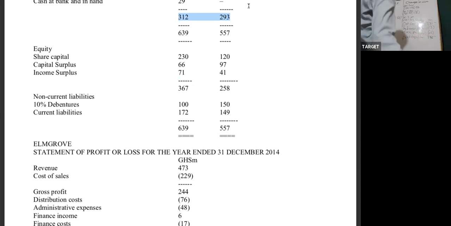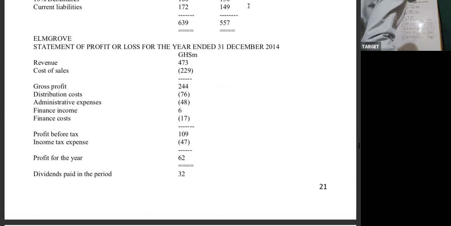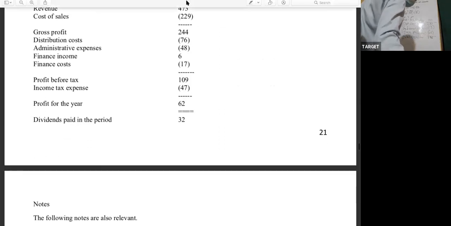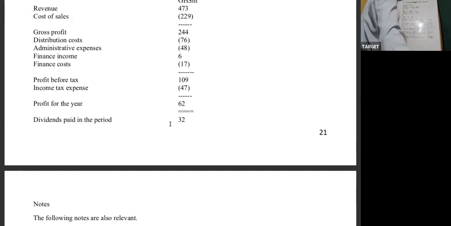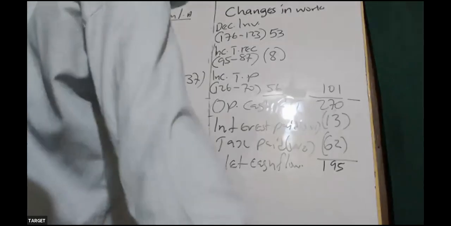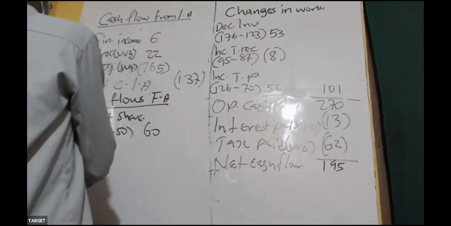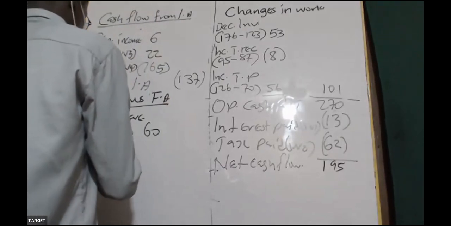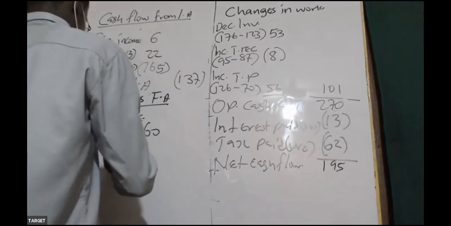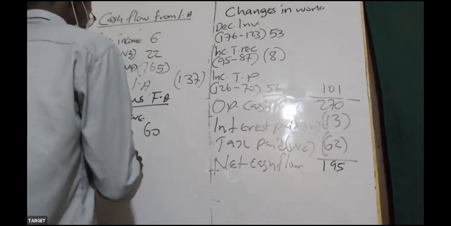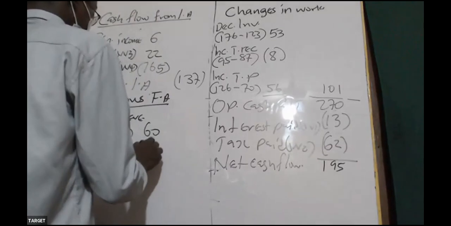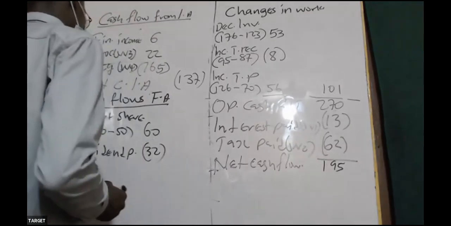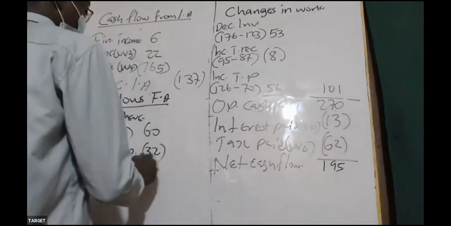They didn't pay the debenture, so the last item left is the dividend paid in the period, which is 32. So dividend paid is 32. So at the end of the day, we'll get something like 28.